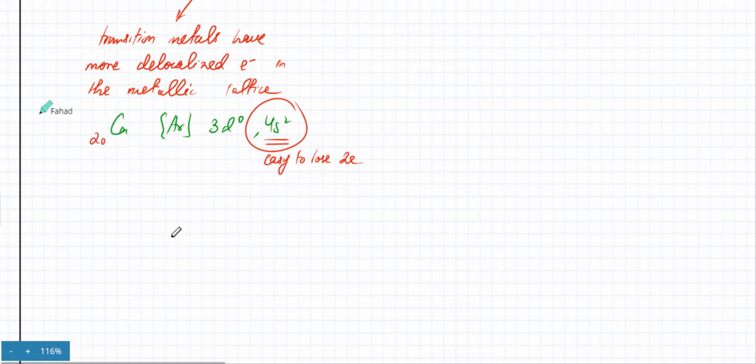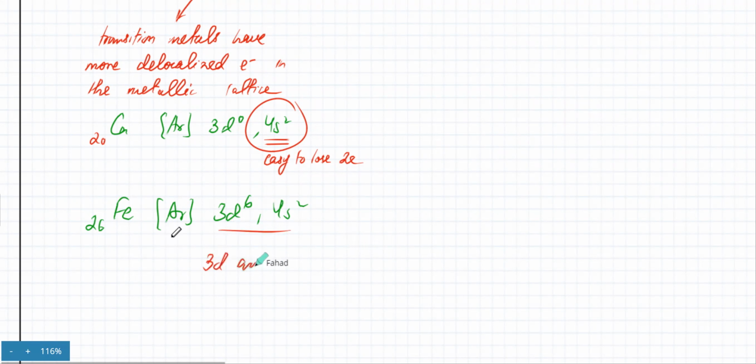But when you reach iron, in the same row, iron has 26 protons. So it's again argon, and it is 3d6 and 4s2. Now the issue with these two orbitals is that 3d and 4s almost have the same energy levels, which means that they are almost the same distance away from the nucleus.